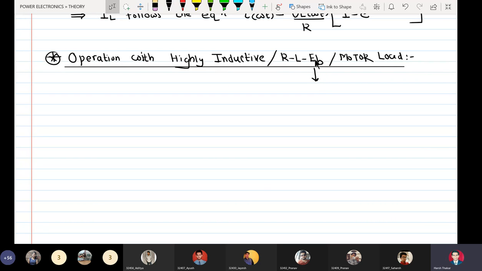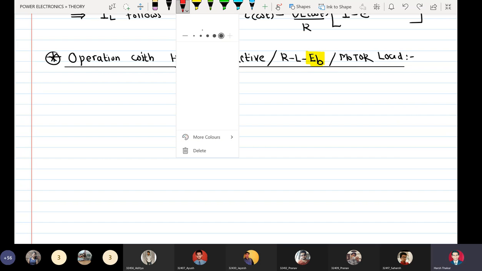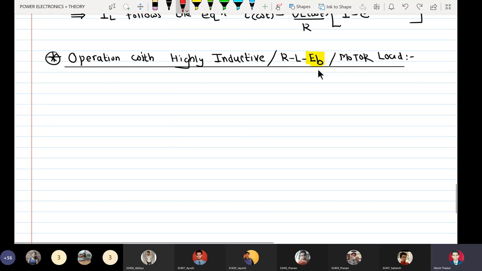So this particular thing, back EMF of motor.